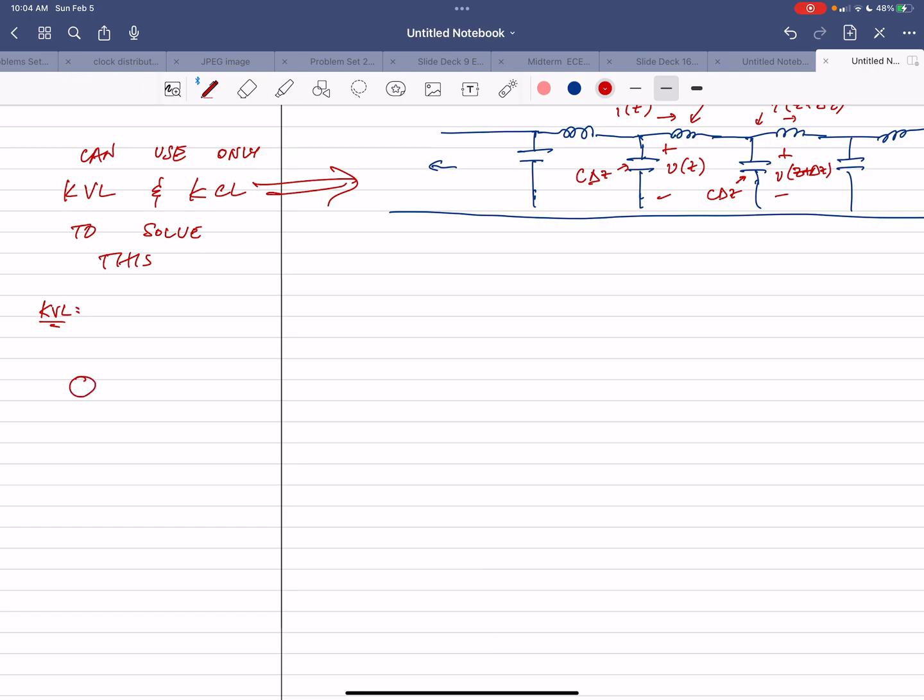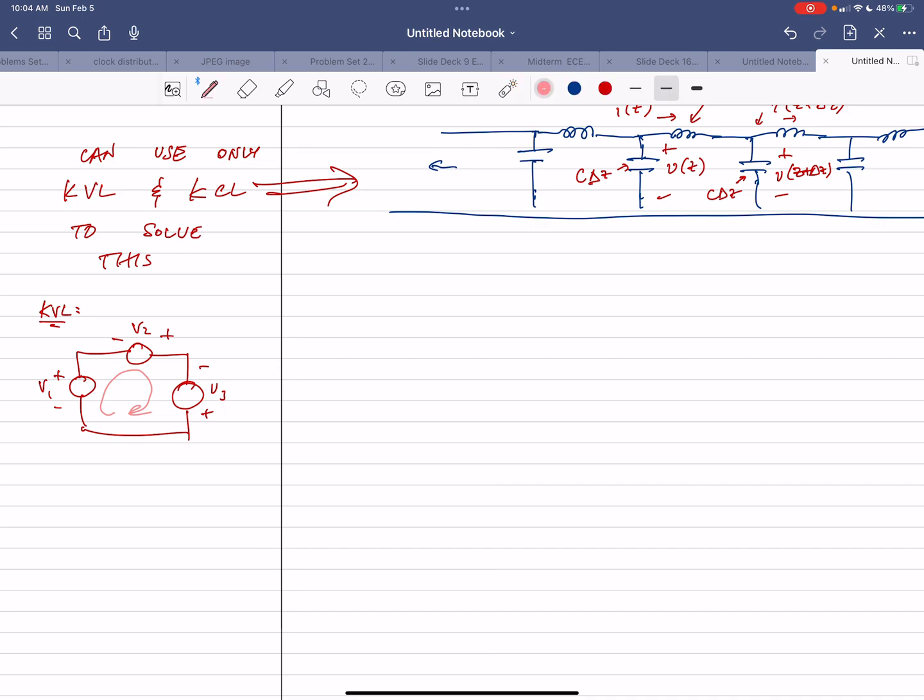It says that if I have a bunch of voltage sources, any number of them, hooked up, and I do a loop from any point back to itself, the sum of the changes in voltage is going to be 0.